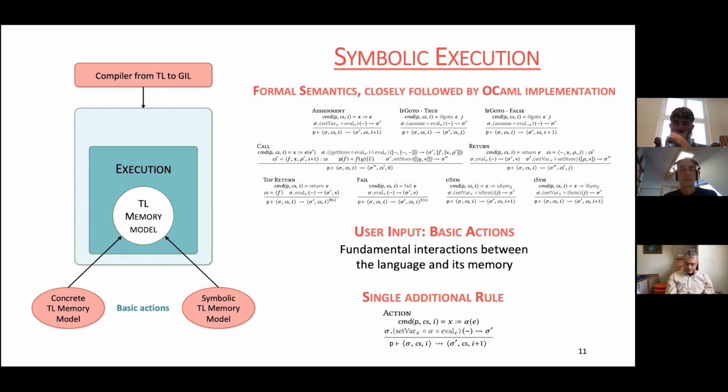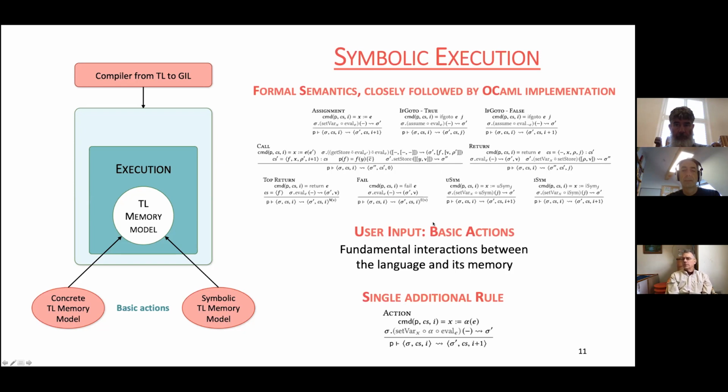And that's just me, given my temperament. So we can write down the formal semantics of our symbolic execution engine. If you want to look at the OCaml implementation that closely follows this formal semantics, you can.